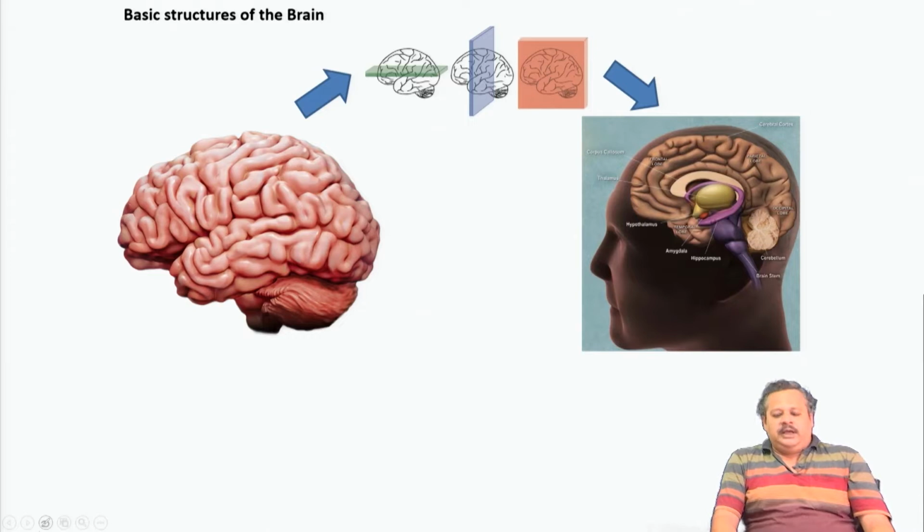If we make different sections, we will be able to see different structures within the brain, and depending on how we section the brain, we get to see many different kinds of structures.